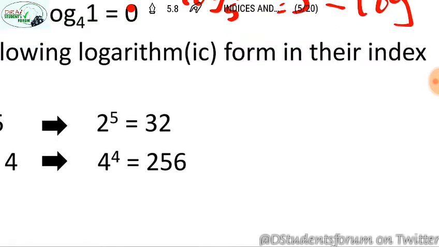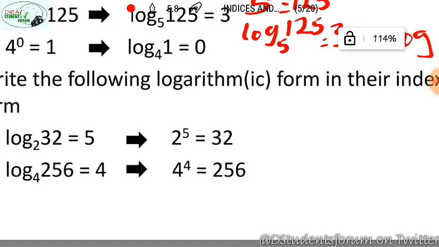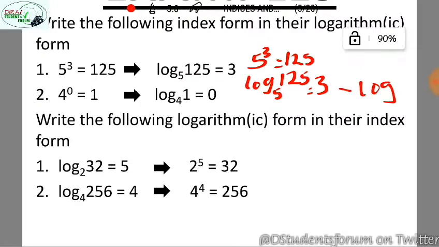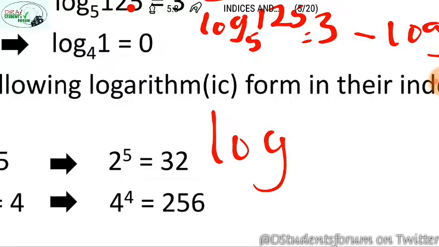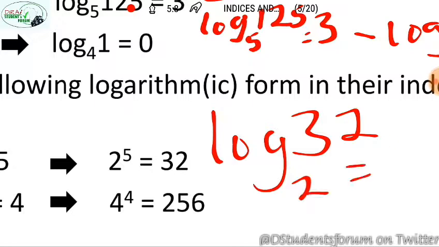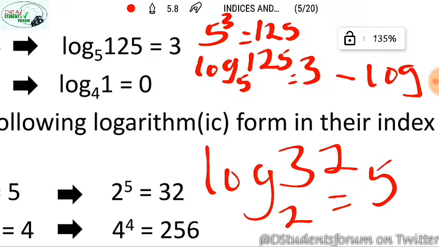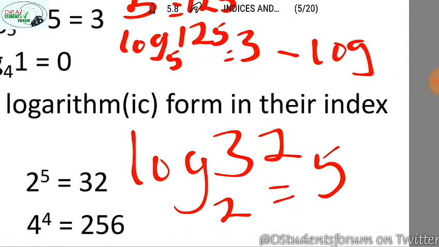Taking an expression from its logarithmic form to its respective index form, we are given log 32 base 2 to be equal to 5. It means this 5 will be expressed as the index of 2.